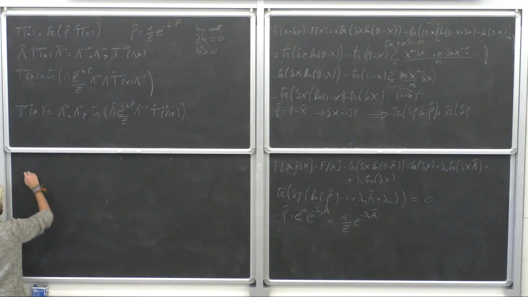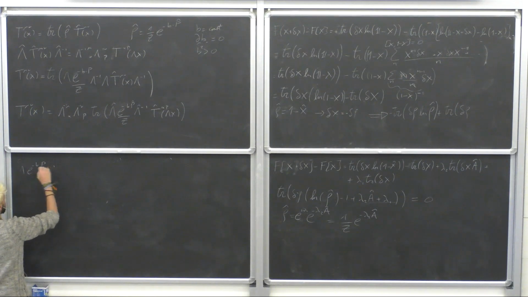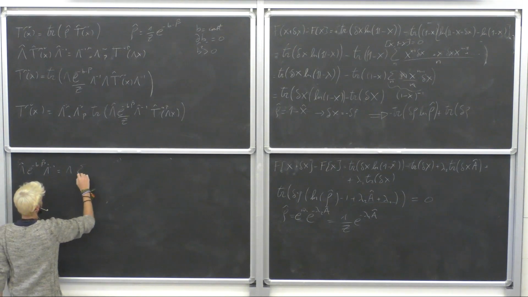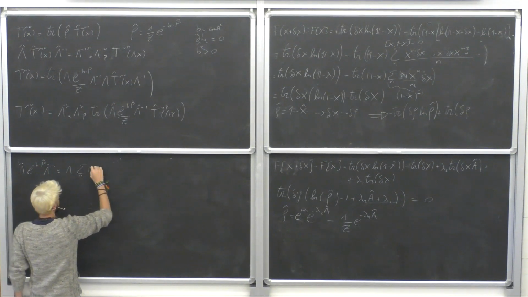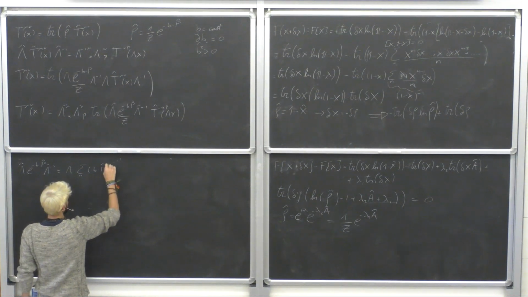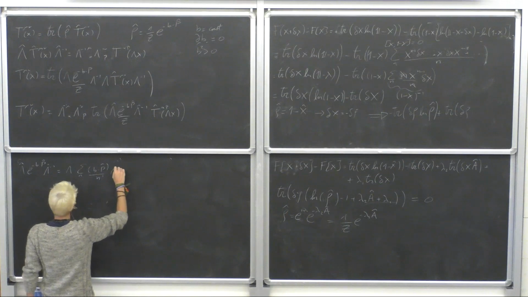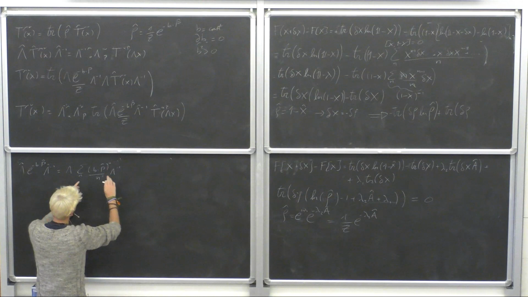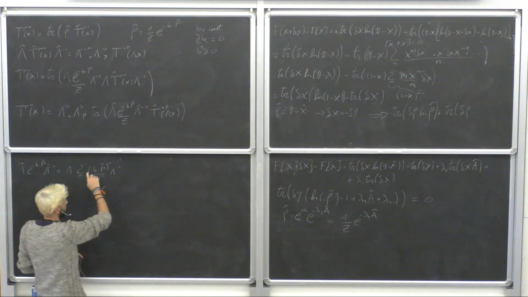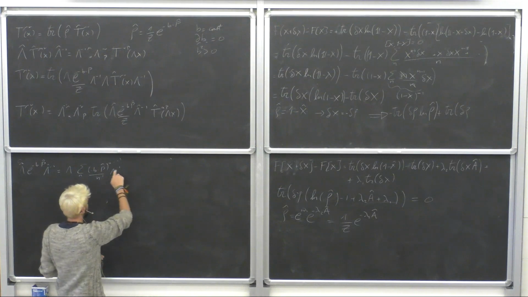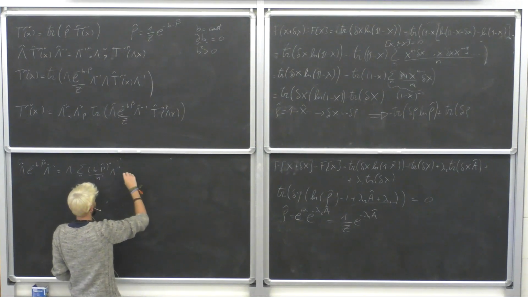So we have λ e^(-b·p) λ^(-1). This is equal to λ, the series of (-b·p) to the n, since I can rewrite this product using λ λ^(-1) inside the product.